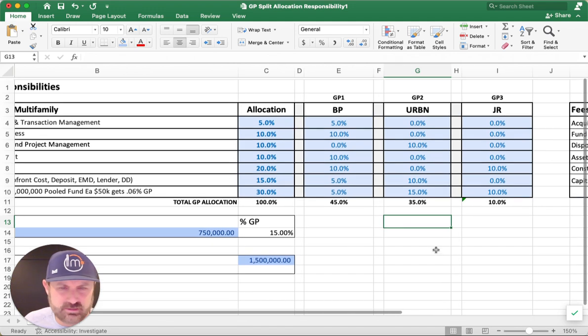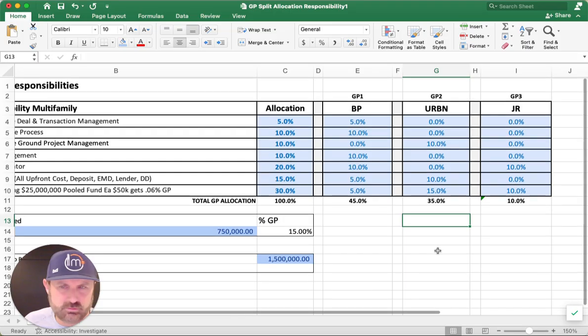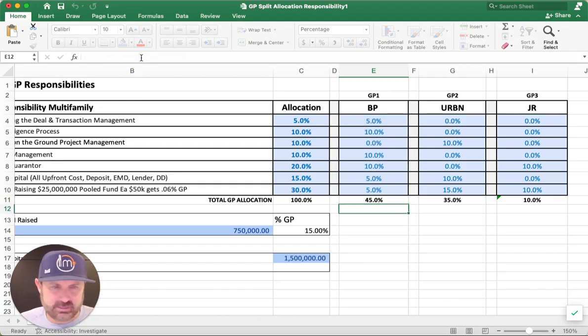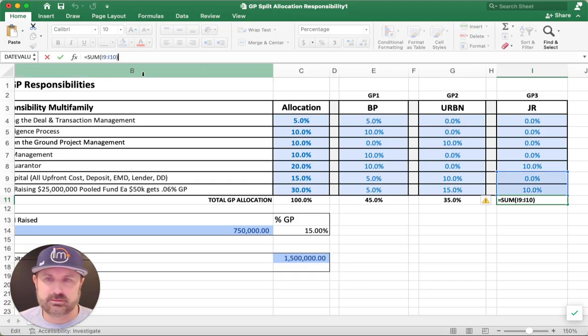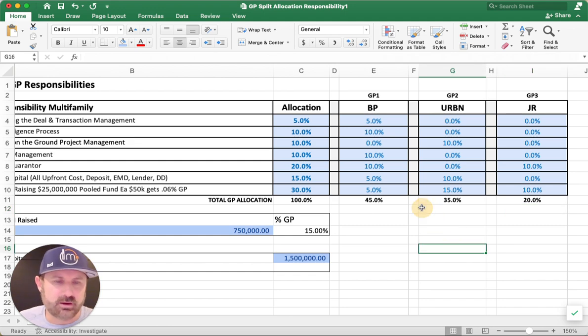I'm missing 10% in here. Where am I at? I don't know. That doesn't make sense. So when you add this up, make sure that it's adding up correctly. Ah, that's why. So we need to go up to I4. That's why. Good catch.